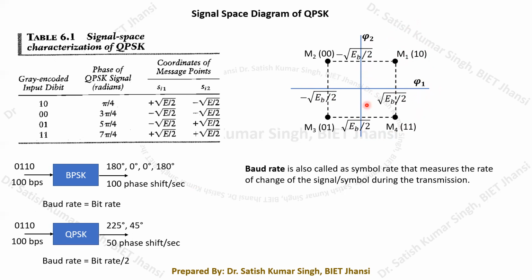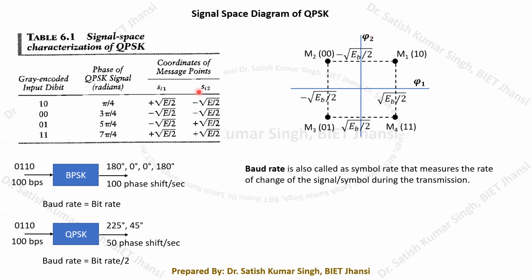Now here again, if we substitute certain values, for example, if you want to represent this particular Gray code 1 0, this 1 0 represents this positive value and this negative value. So this is the magnitude. Psi 1 is the magnitude of our basis function phi 1(t), and psi 2 is the magnitude of our basis function phi 2(t).